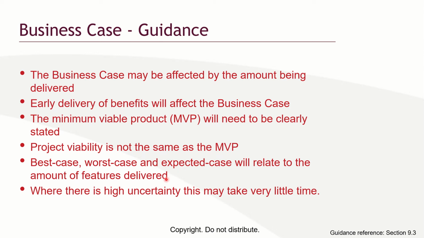Where there is a lot of uncertainty, of course, this will affect a lot of things. Uncertainty may also take very little time. So, under the business case, we provide a justification. We follow a template.